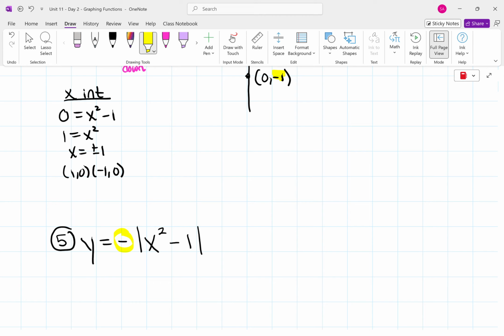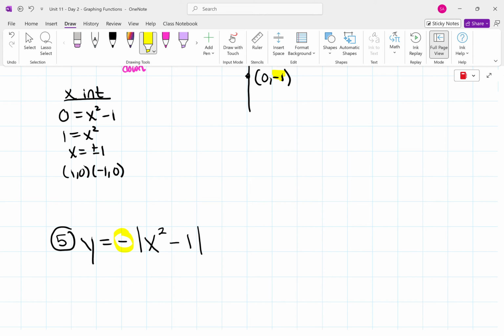I've added this negative. So what this is essentially telling us to do is, take the parabola, graph the parabola. Then after you graph the parabola, do what to it? Take the absolute value of it. Isn't that how we got the W?